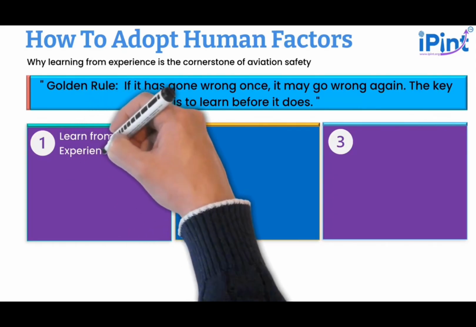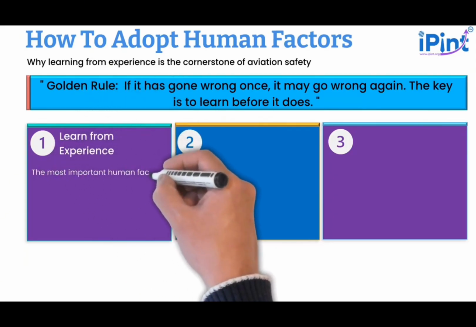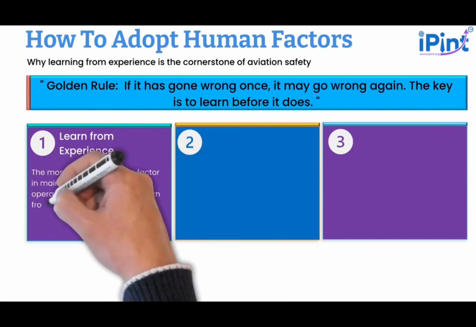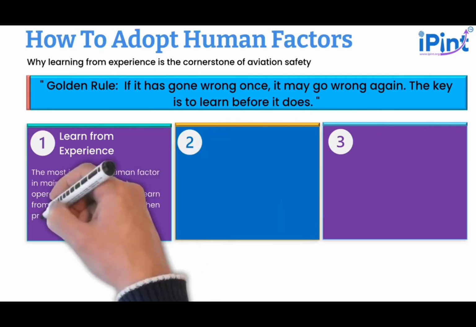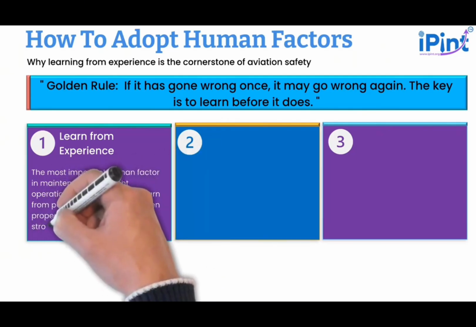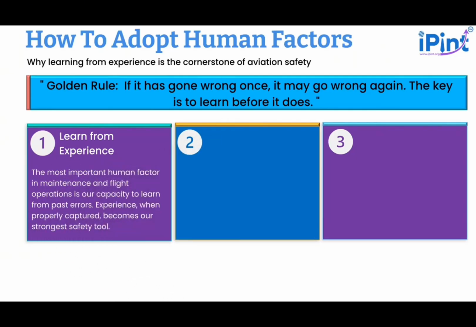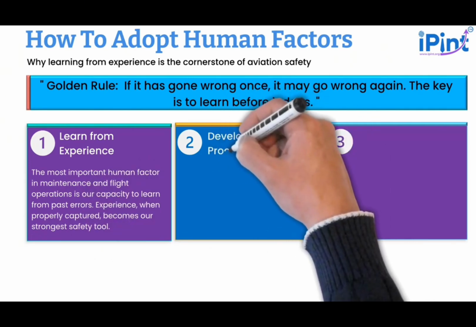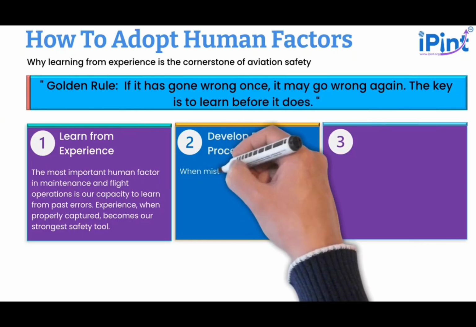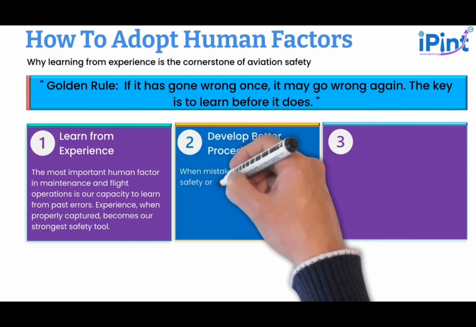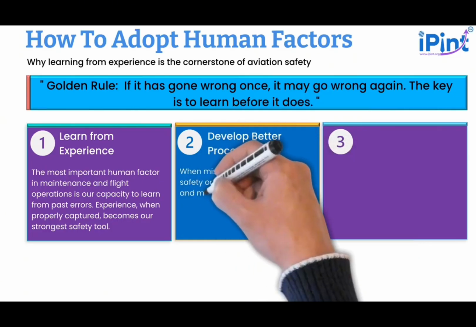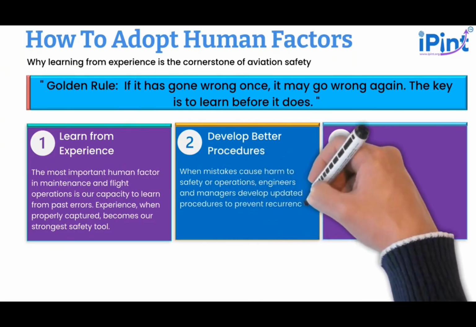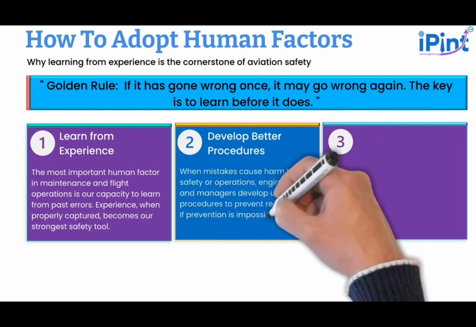The most important human factor in maintenance and flight operations is our capacity to learn from past errors. Experience, when properly captured, becomes our strongest safety tool. Develop better procedures. When mistakes cause harm to safety or operations, engineers and managers develop updated procedures to prevent recurrence. If prevention is impossible, the impact is minimized.